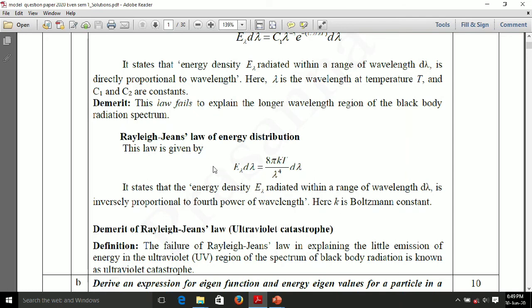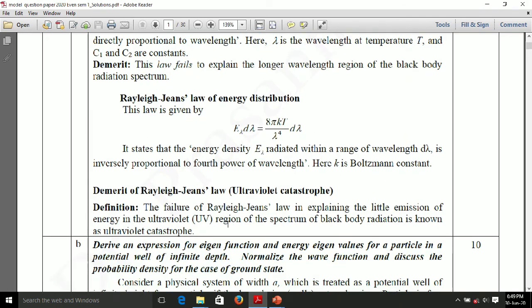The demerit is that it is valid for the longer wavelength region, and it could not explain the radiation, especially the ultraviolet radiation emitted by a black body at a given temperature. So, this is the limitation of the Rayleigh-Jeans law, which is also known as the ultraviolet catastrophe.